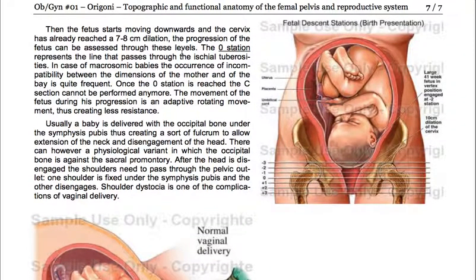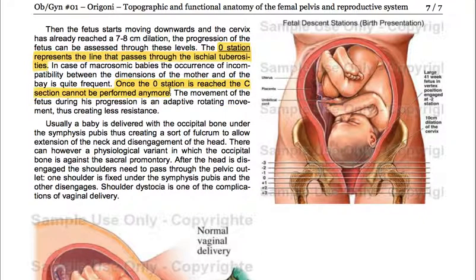We have a zero station, which represents the line that passes through the ischial tuberosities. In case of macrosomic babies, the occurrence of incompatibility between the dimensions of the mother and of the baby is quite frequent. Once the zero station is reached, the C-section cannot be performed anymore.